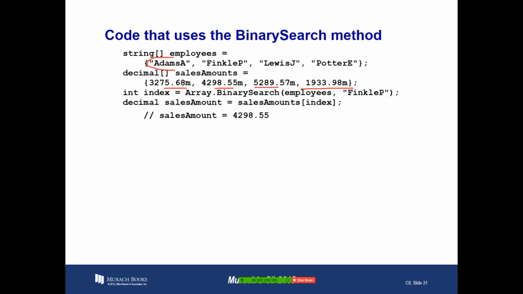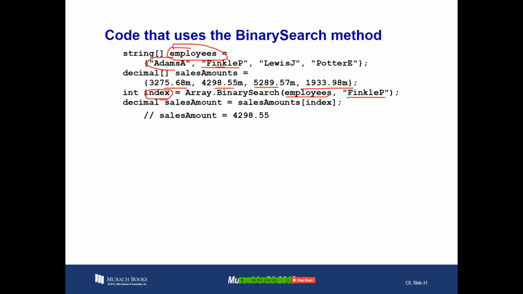We're doing a binary search on employees, and we're looking for this guy named Finkel P. And so this is index number 1. It's the second element, index number 1. So this thing is going to return a 1. So index is equal to 1 because it's the 1th element of the array.